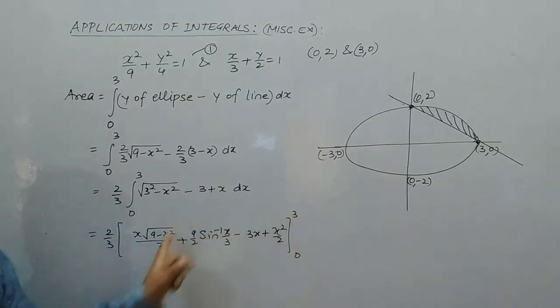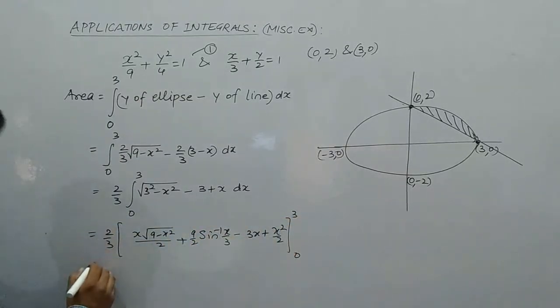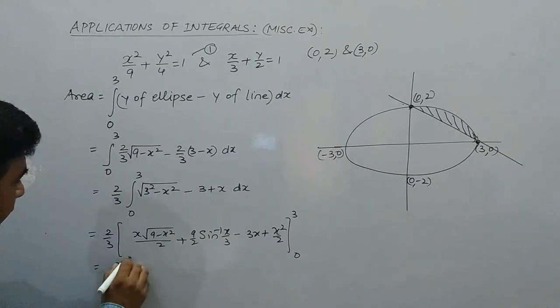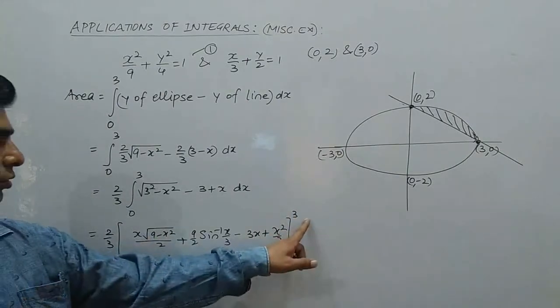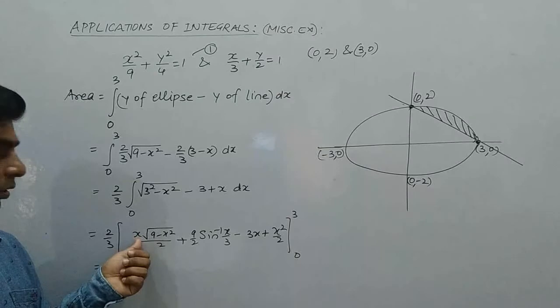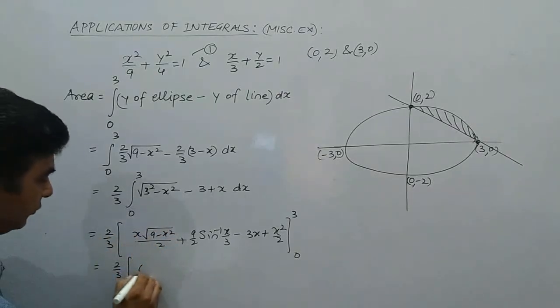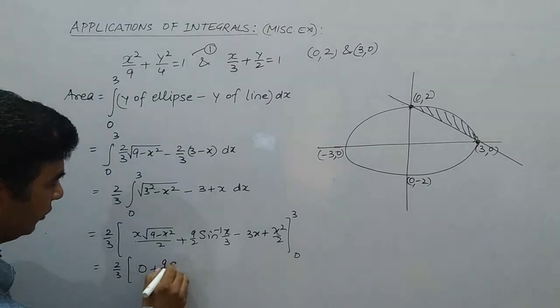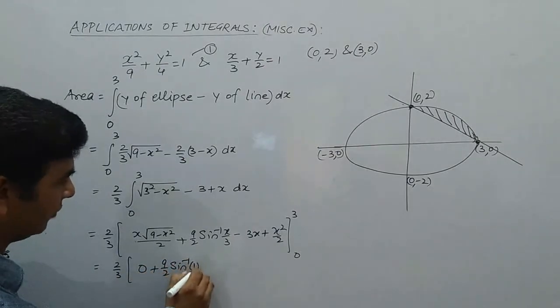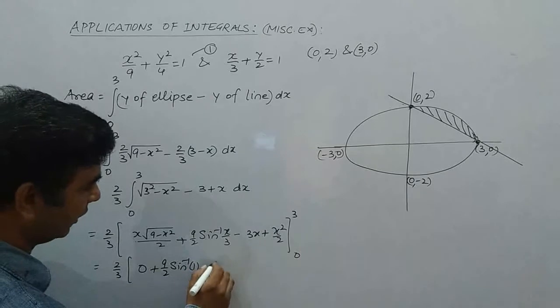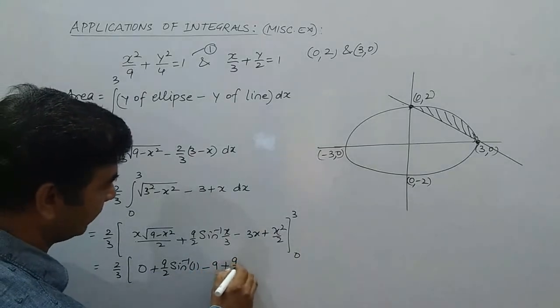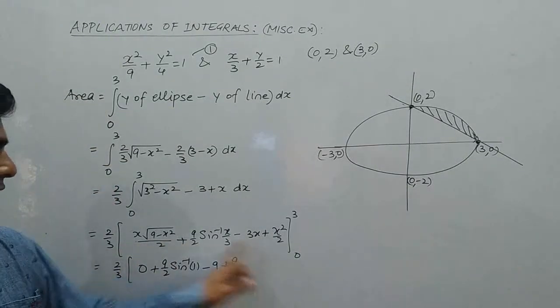Now we have to use the upper limit, then the lower limit. Upper limit, 2 by 3. Whenever you use 3 here, this is 3 and 9 minus 9, which will be 0. This is 0 plus 9 by 2, sine inverse of 3 by 3 is 1, minus 9 plus 9 by 2, and minus the lower limit is to be used.